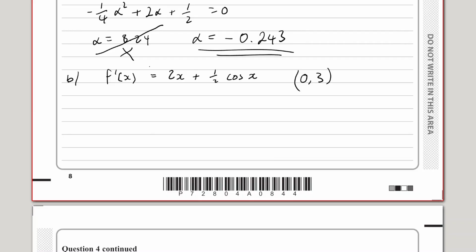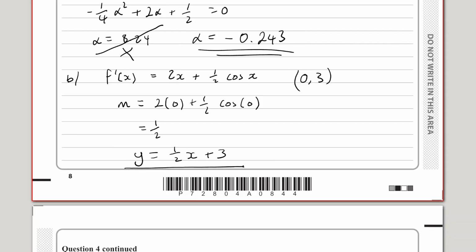So the gradient is going to be 2 times 0 plus half times cos 0. Cos 0 is 1. So 2 times 0 plus half times 1 is a half. So the gradient is half, the y-intercept's at 3, so we've got y equals half x plus 3.